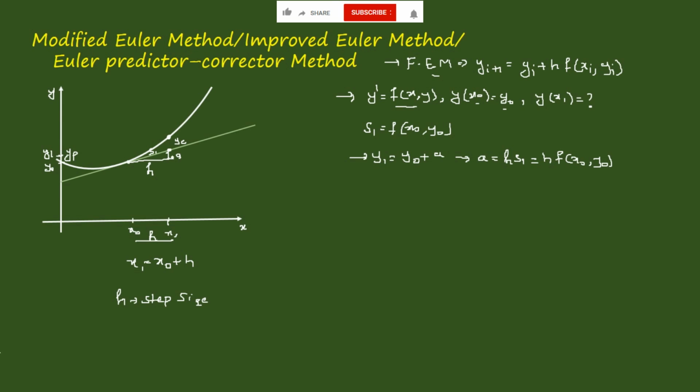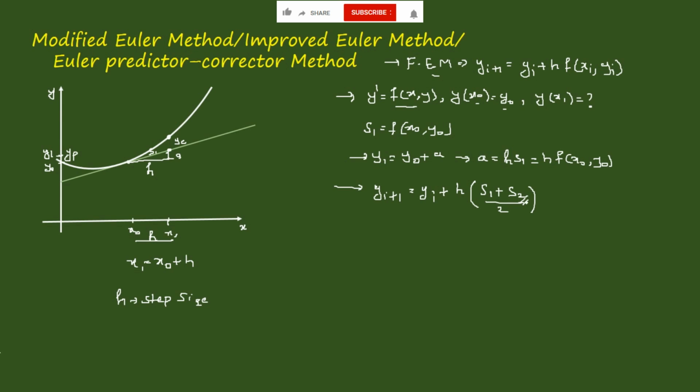So from the predictor value we'll be finding the corrector value. How do we do it? By using the modified Euler's method. We will consider the value of y of i plus 1 is equal to y of i plus h into the average of slopes, s1 slope plus s2 slope by 2. What is the s2 slope?